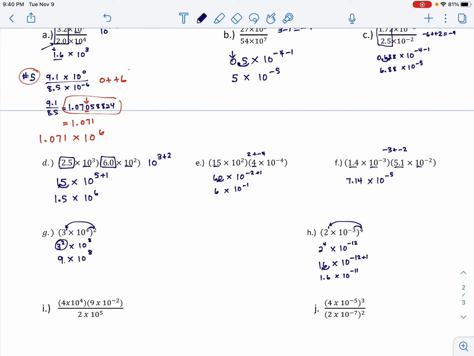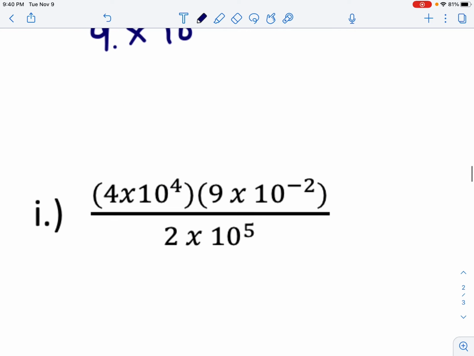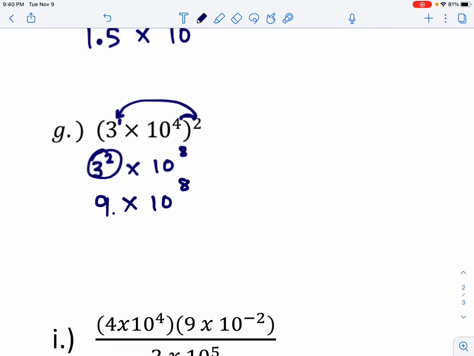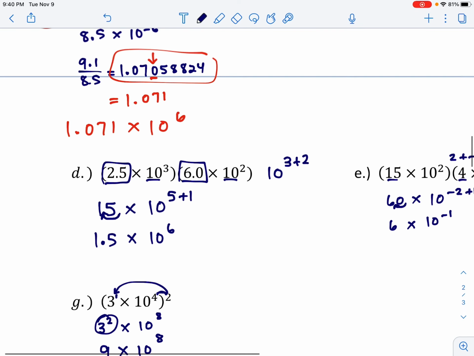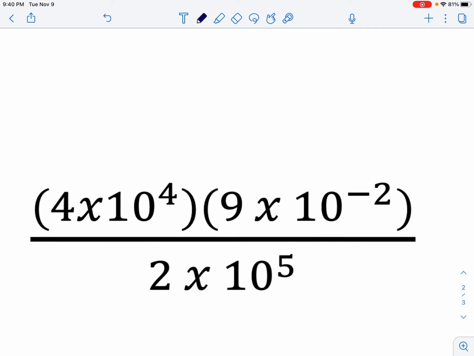Now we're going to look at kind of combining a couple of those together. So the first one, we have our multiplying. So we're going to do it just like we did up here at the top. We're going to do the top part first, and then we're going to combine it with our dividing. So we're going to do this just like we normally would.